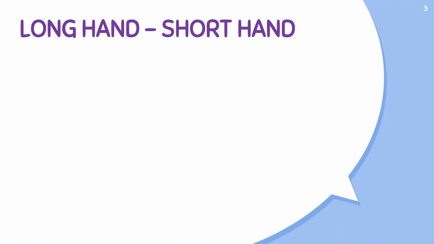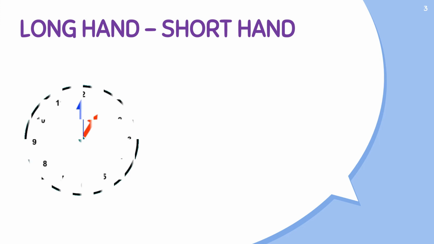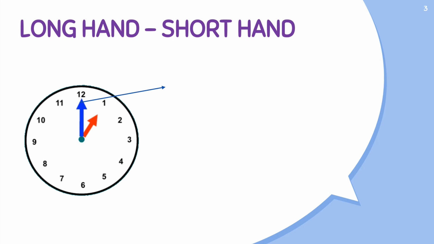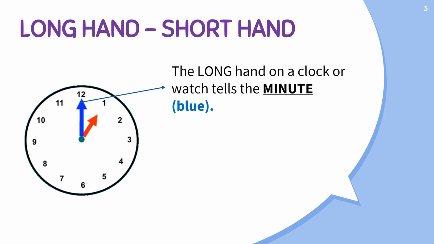Okay, in this part we talk about the long hand and short hand. Look, it is an analog clock, and in the analog clock you will see two hands. First, the long hand on a clock or watch tells the minute.